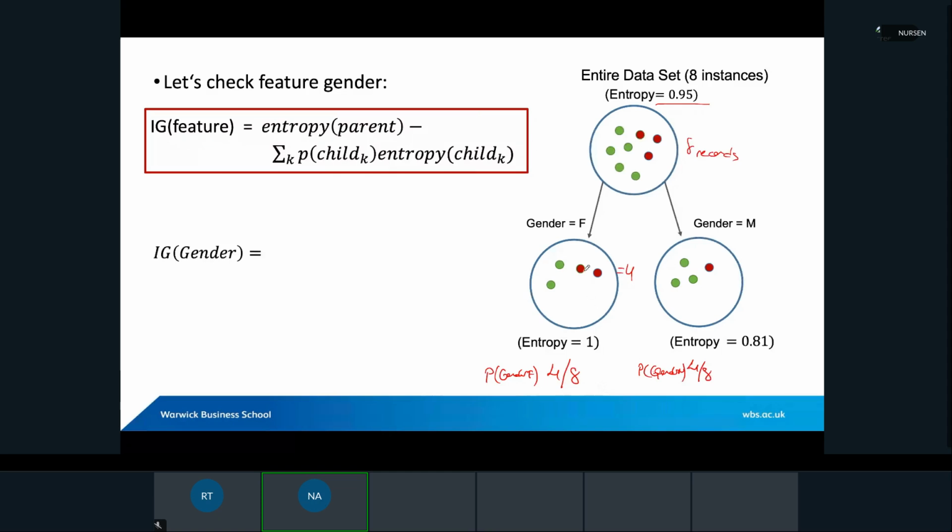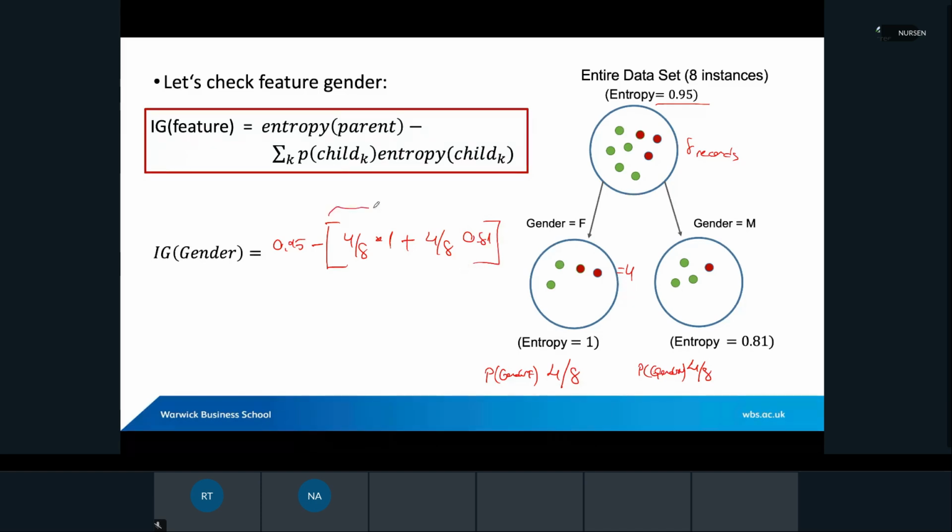Okay, so we check how many records we have in each category, and that is the proportion of each child. So it is basically 0.95 minus 4/8 times entropy 1 plus 4/8 times 0.81.